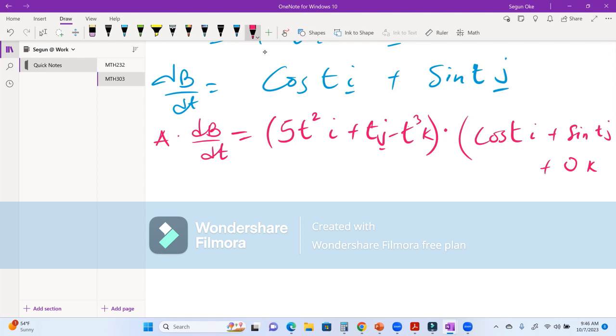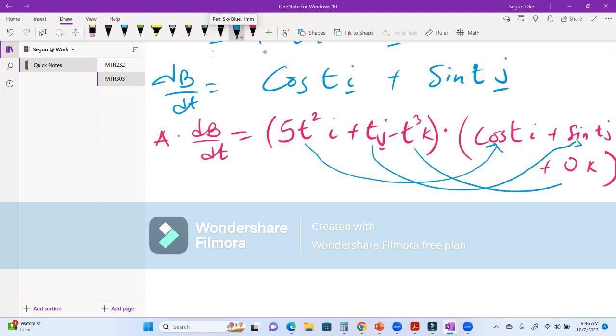We can put 0k there, right? So what do I do here? You can't just multiply 5t by this. You only say i corresponds to i, j corresponds to j, and k corresponds to k. Can you see it? Yes, sir.